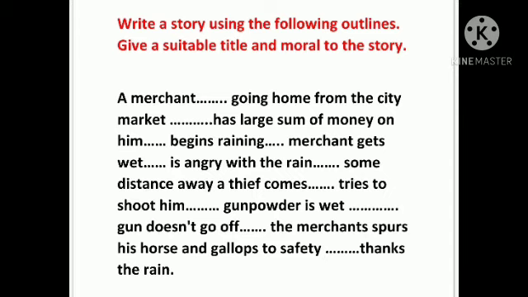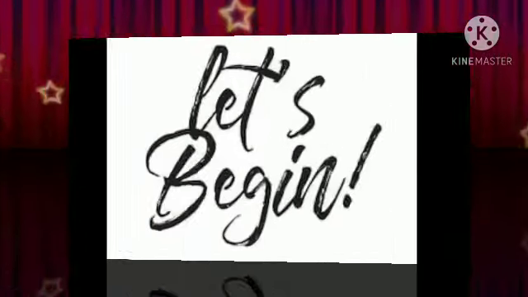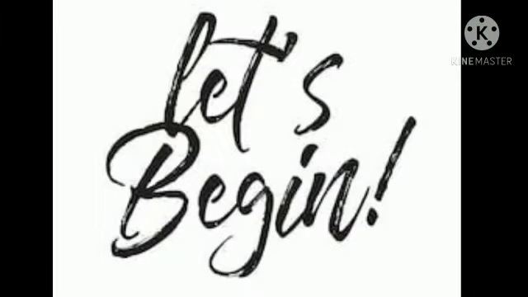Now, we must breathe life into this outline and develop a complete story. Children, remember, although this outline is given in the present tense, try to write the story in past tense. Now, let's begin with our story.